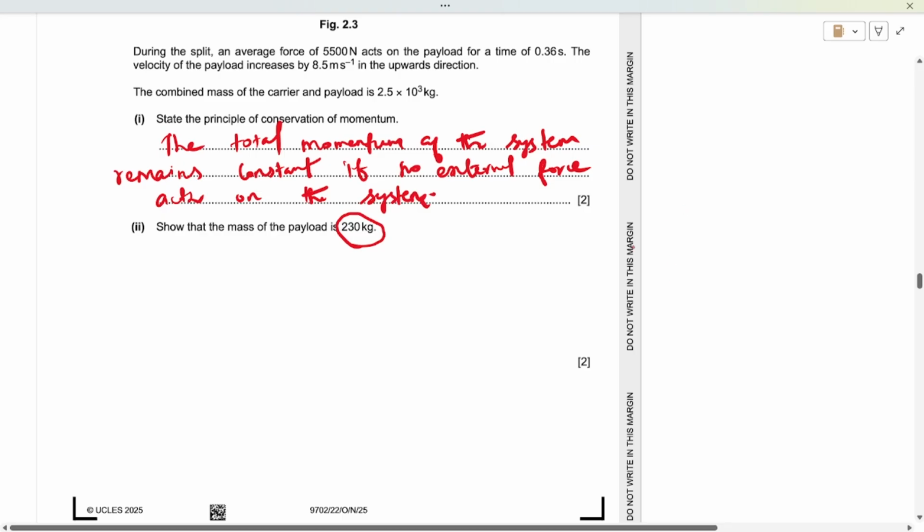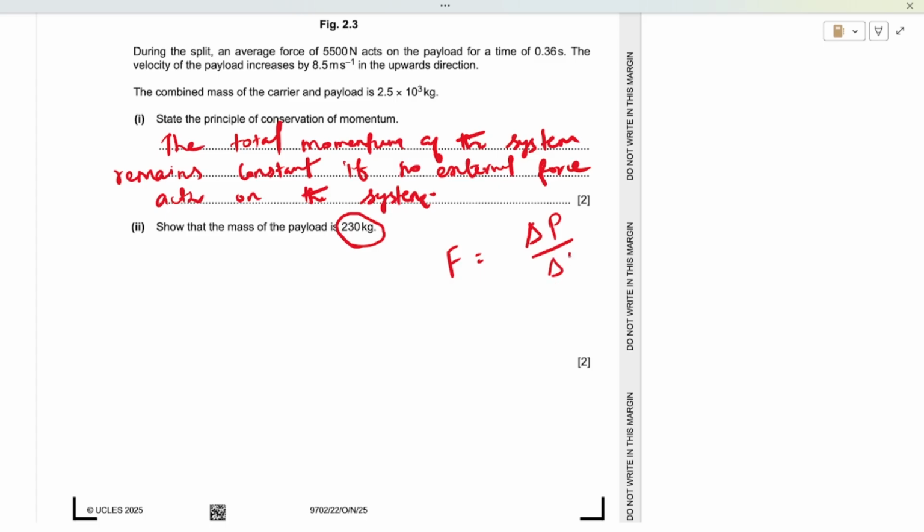Recalling the formula, we know that the force is nothing but the rate of change of momentum, that is, change in momentum by change in time. They had given the time, and they had also given us the force.